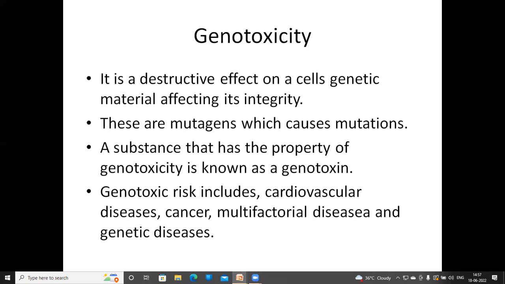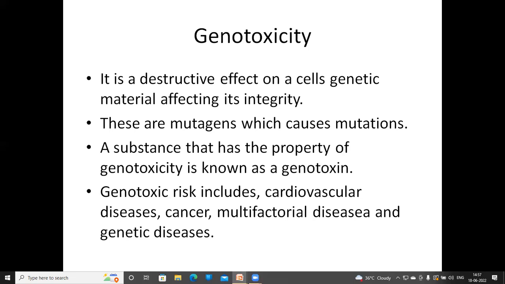These also come under mutagens, which cause mutation. Genotoxicity is also a mutation. Mutation is a sudden change in genes, and here a toxic, poisonous change is called genotoxicity.